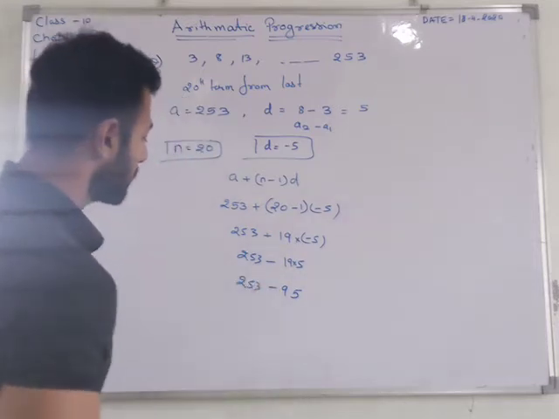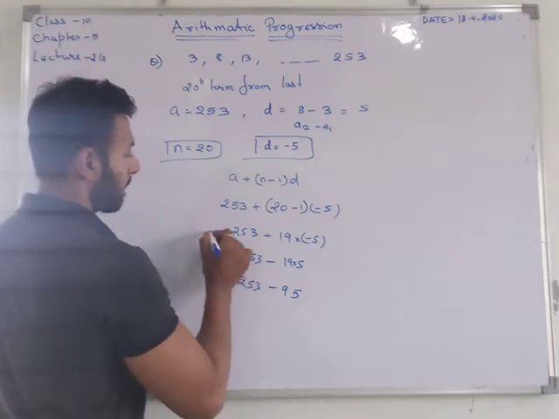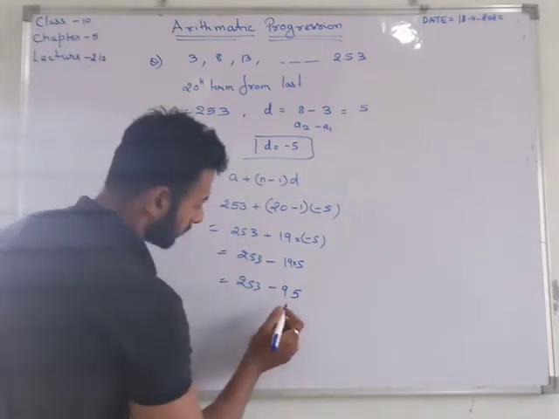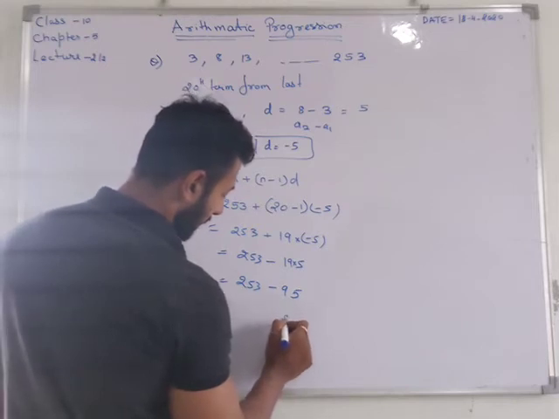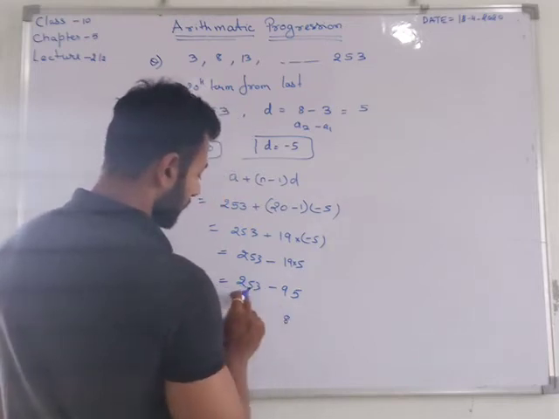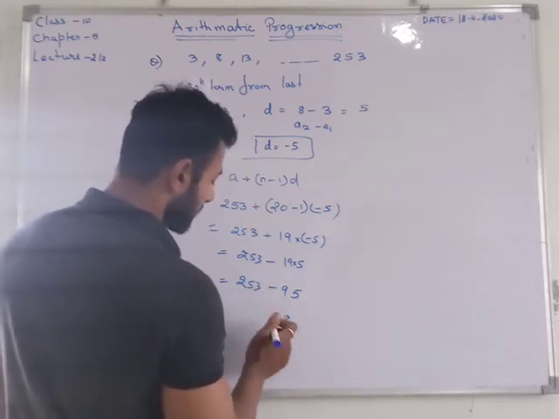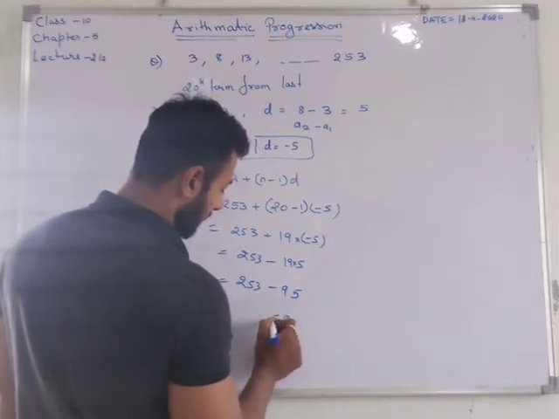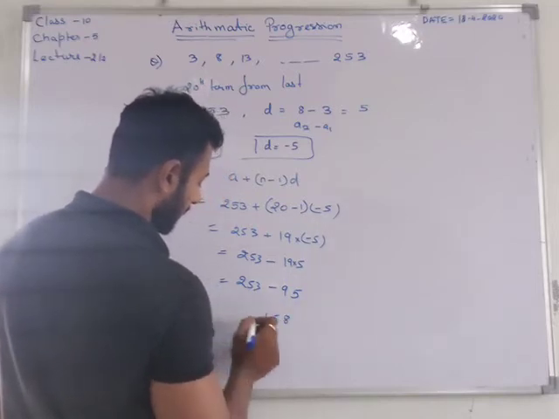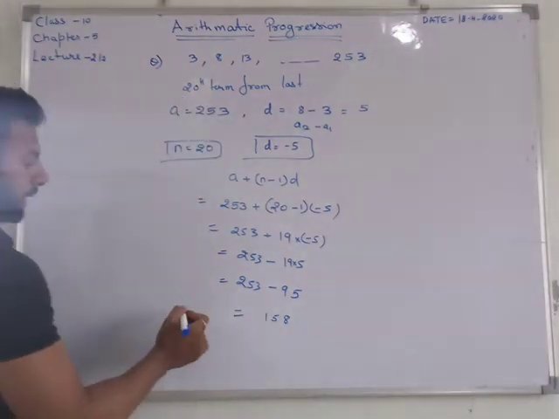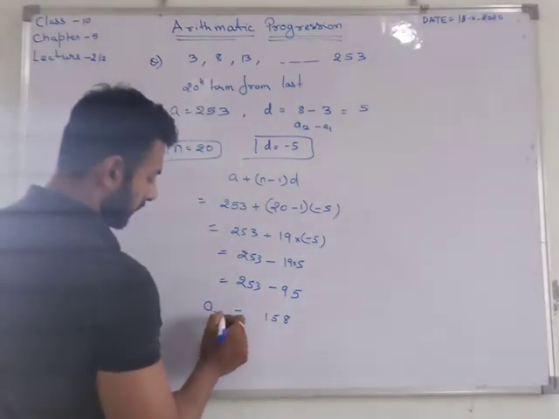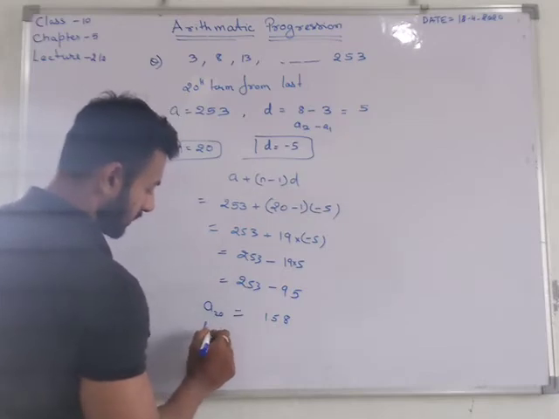Subtracting these two values, we will be getting 158. So 158 is the 20th term from the last.